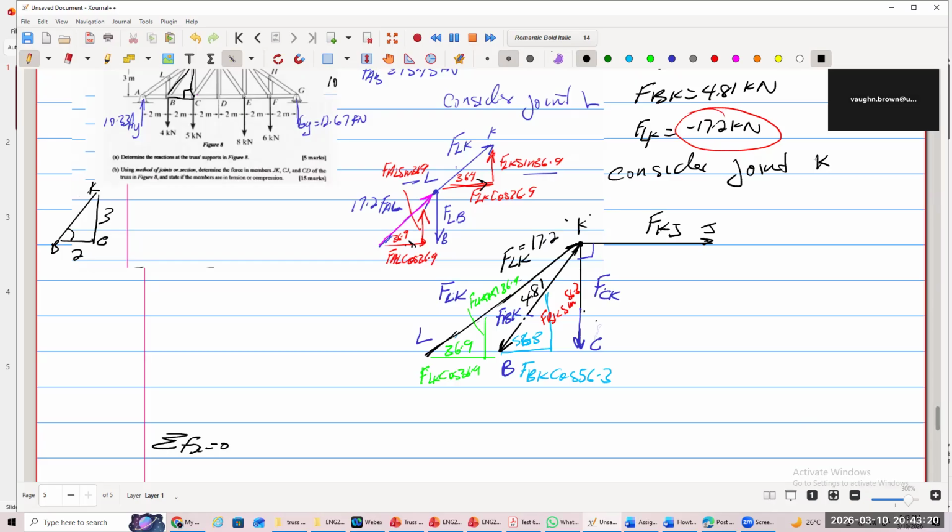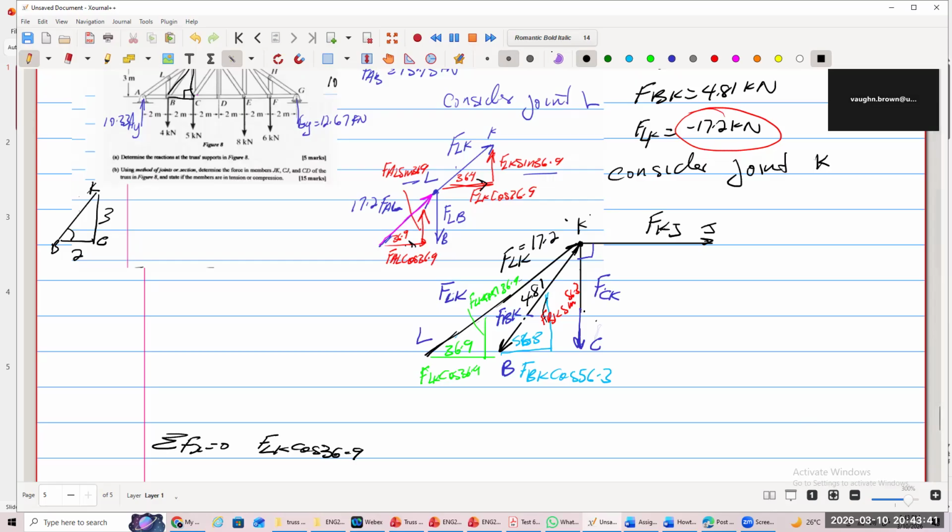What are the directions now? The first one is still going this way, so it is F_LK cos 36.9. And the other one is now going the opposite direction.